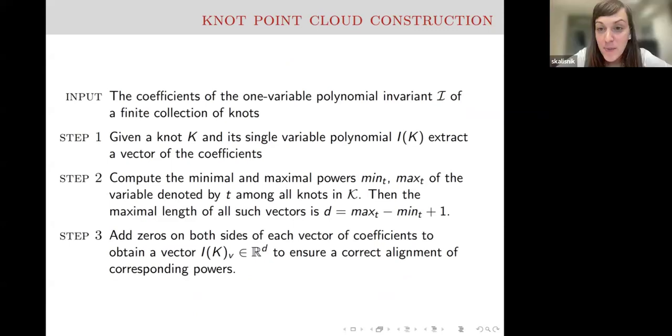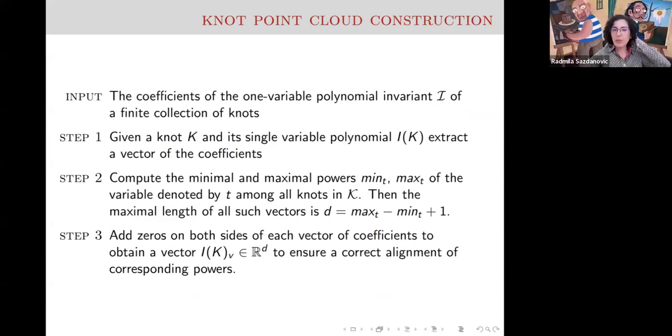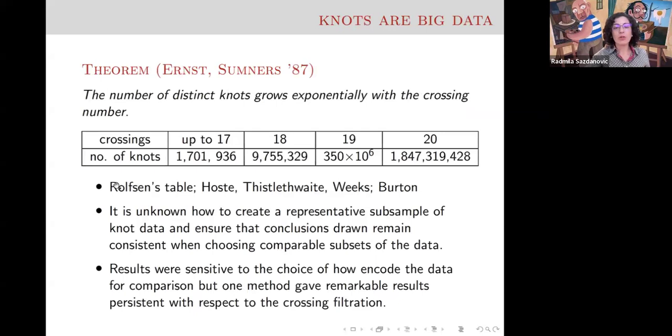Sorry, Radmila, we have a question. What is the Rolfsen table? So what I wanted to emphasize here is that over the last 50 plus years, many mathematicians have devoted a lot of time to tabulating knots and actually distinguishing them. And one of the first and go-to tables is the Rolfsen table, compiled by Dave Rolfsen at the very end of his book, that contains all different knots up to 12 crossings.